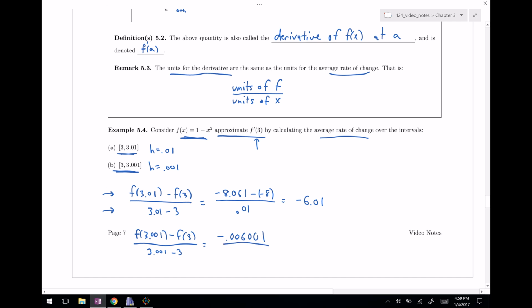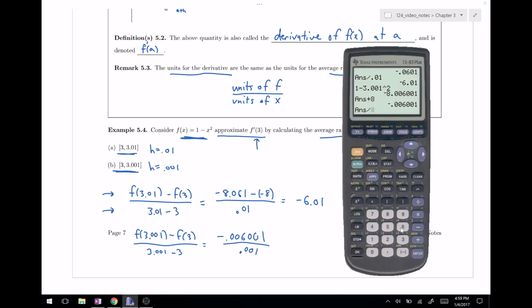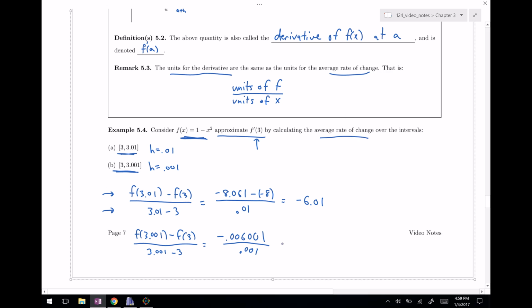Divide by 3.001 minus 3, so that's going to be 0.001 left over. So I need to divide by 1/1000th, 0.001. And so this is negative 6.001.